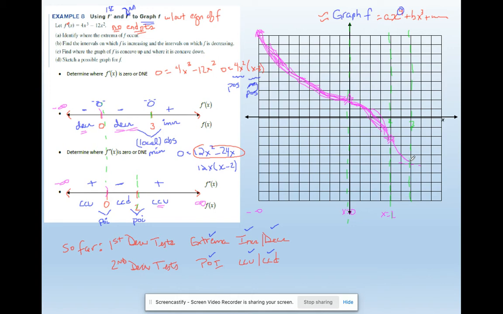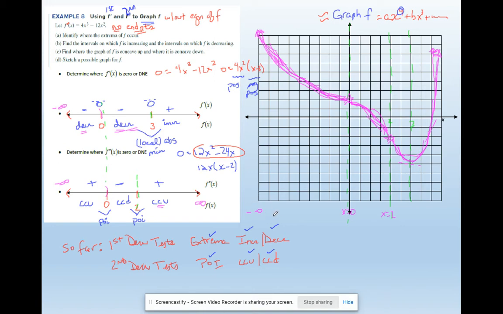I increase forever, and I'm concave up forever. Okay? It is not the most attractive graph, but it's good enough.